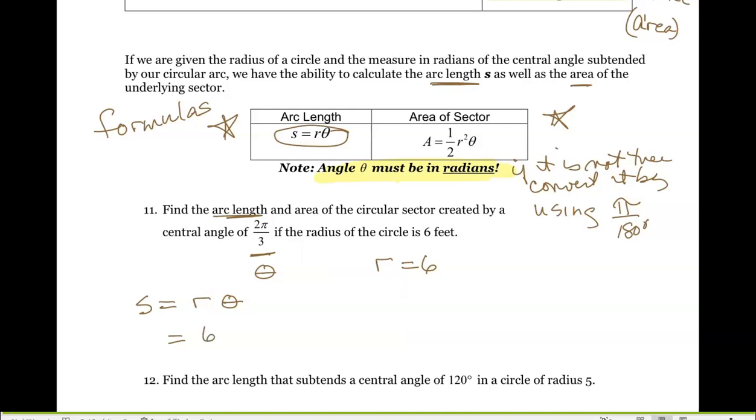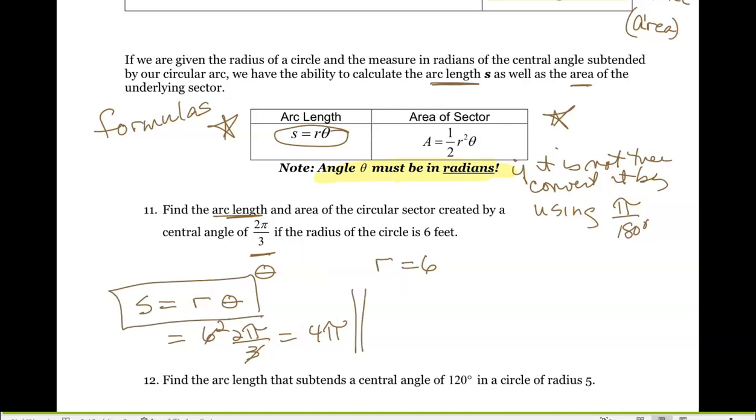They gave me R. They gave me theta in radians. That looks like the length is going to be 4 pi. Okay, 2 times 2 times pi. So that's one answer. Now let's do the other.